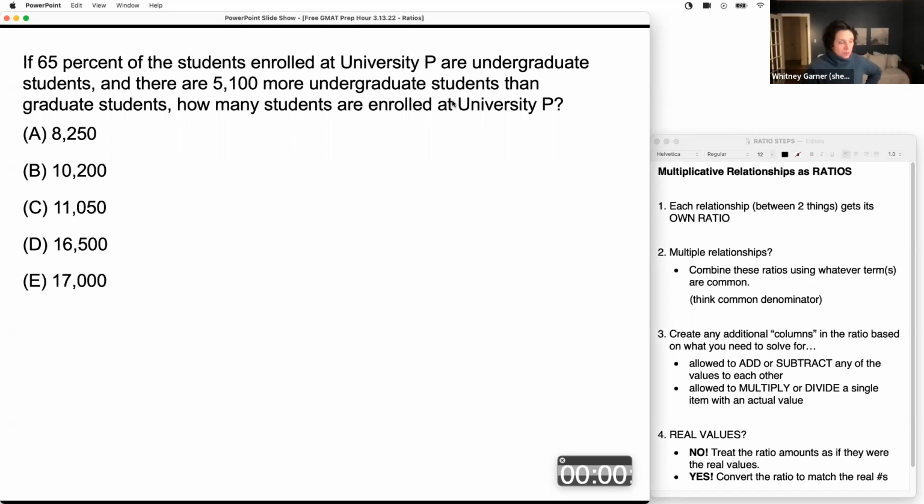All right, so now hit me with that. If 65% of the students enrolled are undergrad, let me make sure the rest of my numbers aren't crazy. You're like, oh, okay, now this is all clear.